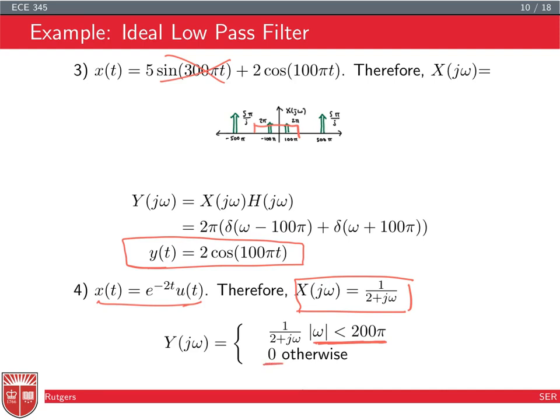If you remember, at least if I want to draw the magnitude here, if I'm remembering correctly, the magnitude maybe looks something like this, because when ω goes to infinity, this should go to 0. So this is the magnitude of X(jω). And then when you multiply it by the filter, the output Y(jω), at least the magnitude of it, is going to be something like this.